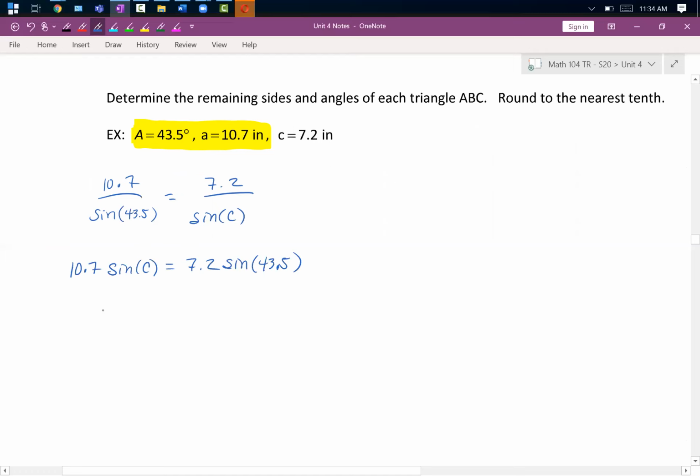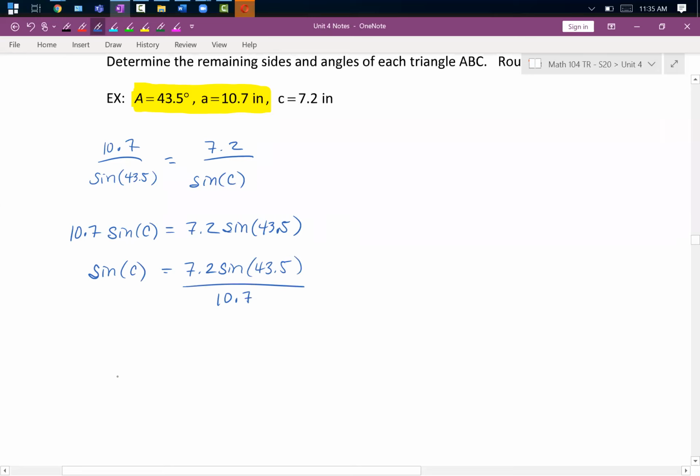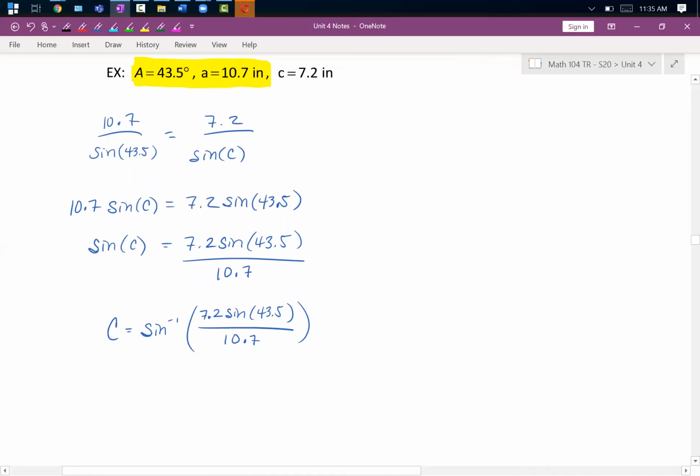We'll do that by dividing. And then to get our C, we'll have to do inverse sine. And we'll put it into our calculator.